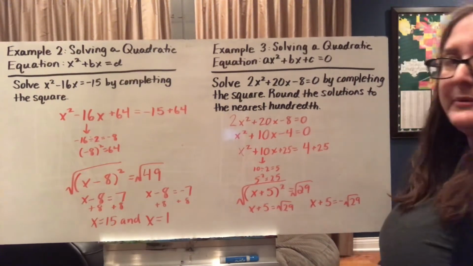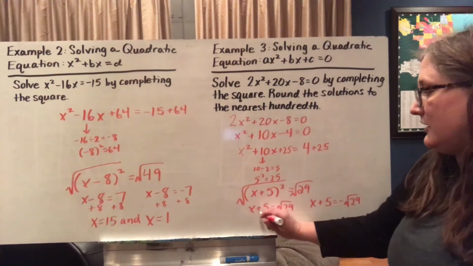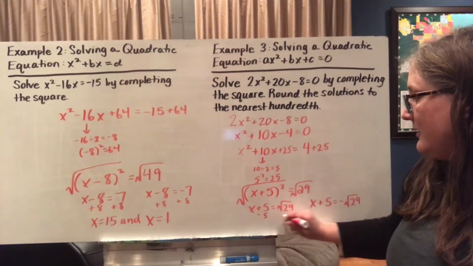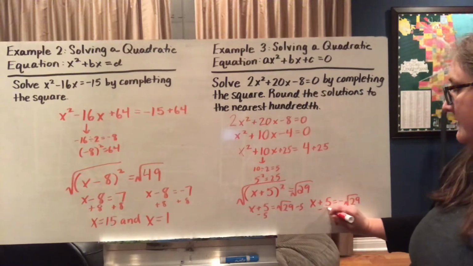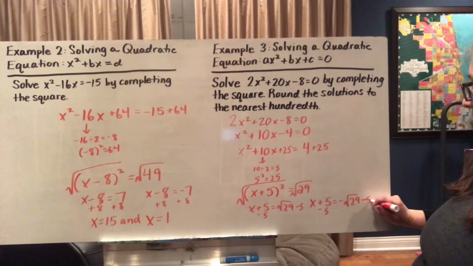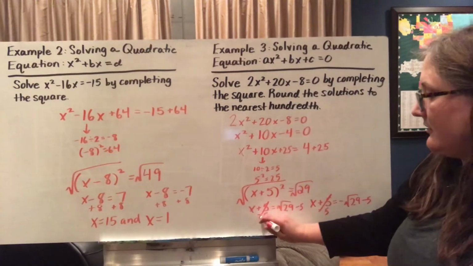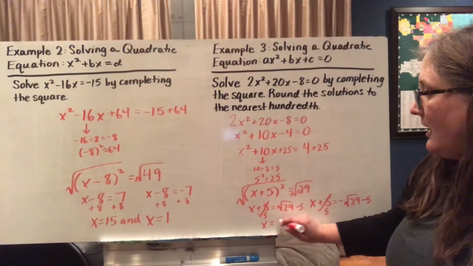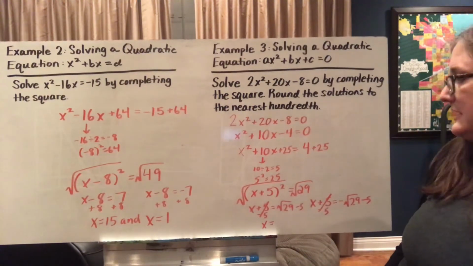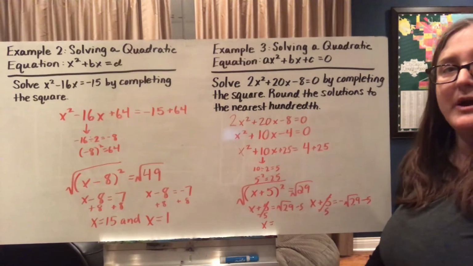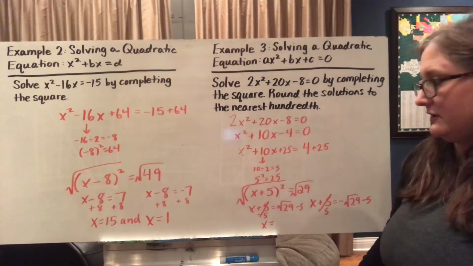So in this case, I would want to make sure that I use my calculator, because I'm going to subtract 5 from each side. And this will cancel out here. But I'm going to use my calculator to do the square root of 29 minus 5. And they want us to round our answer to the nearest hundredth.